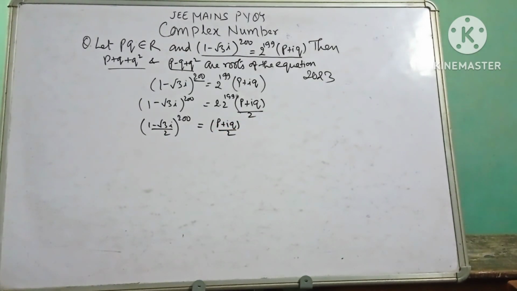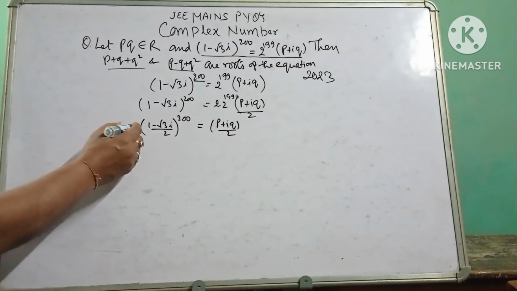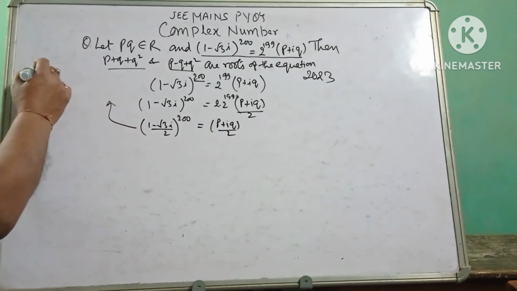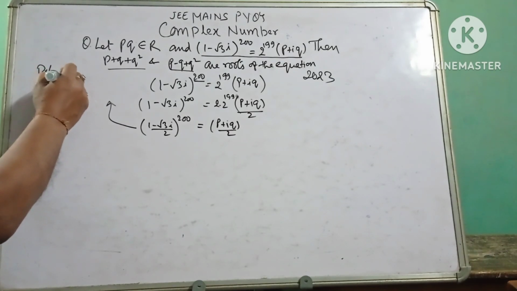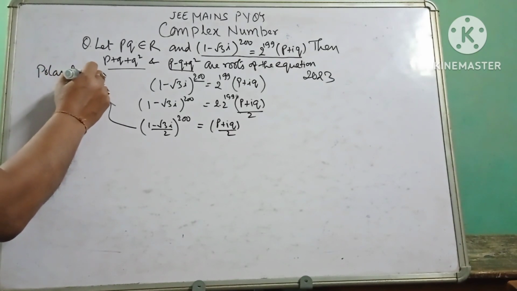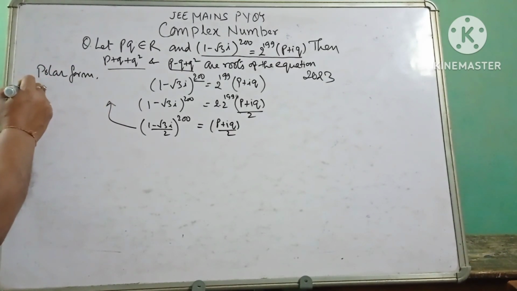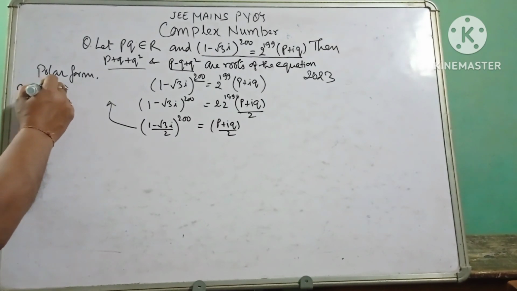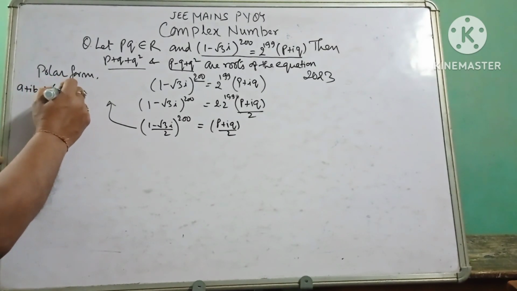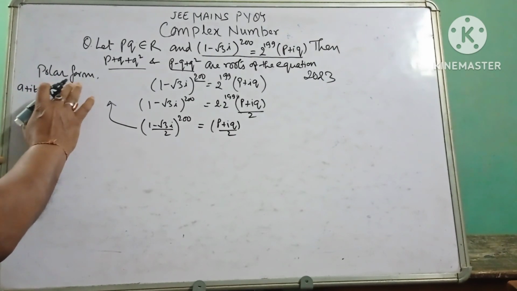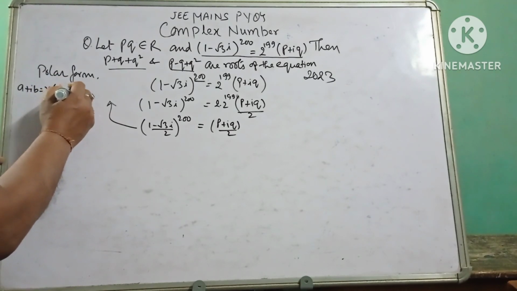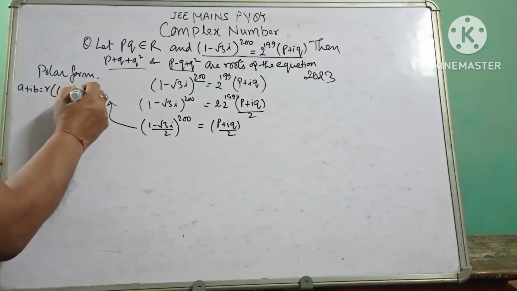Now another step is that from here I will go to the polar form. That is a plus ib is equal to r (cos theta plus i sin theta).